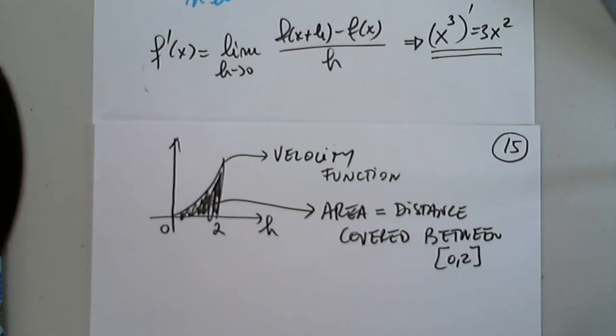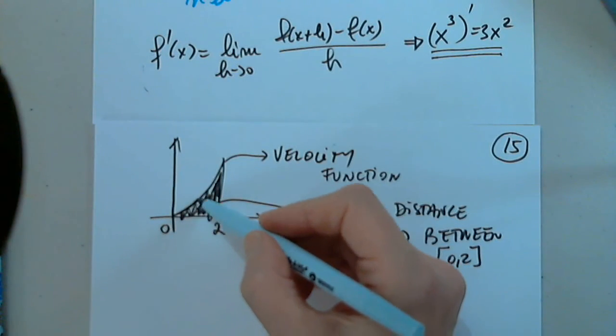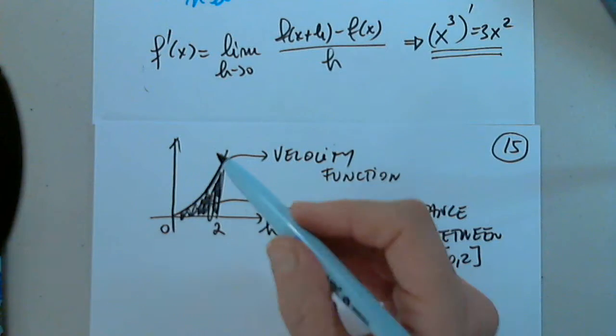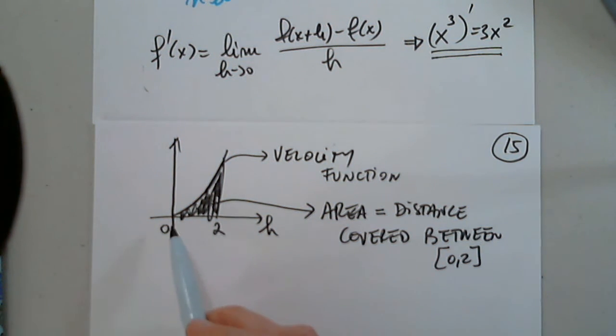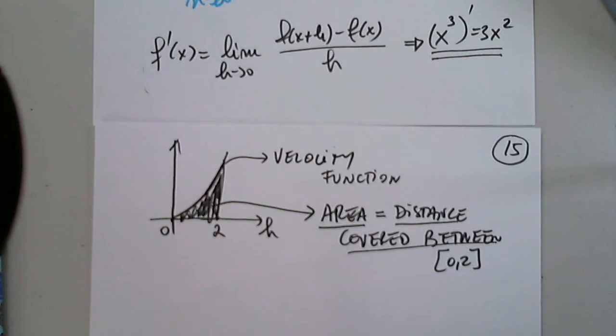That's why we calculate the area. Again, if this is the velocity function, to determine the distance we cover between the starting point and 2 hours later, all we have to do is calculate this area. This area is exactly the distance we covered between those 2 points.